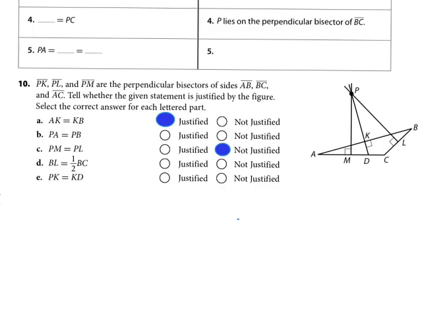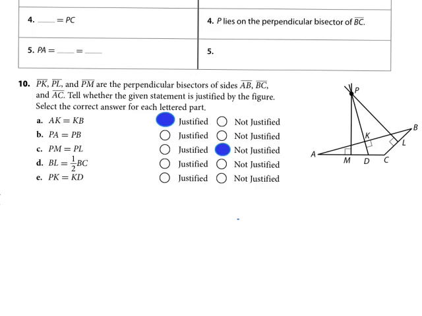The perpendicular bisectors are not necessarily congruent. Now, the measurement from the point to each one of the vertices, like P to A or P to B or P to C, those are actually congruent. But as far as the perpendicular bisectors go, which are these three, I don't know that they're actually the same length.